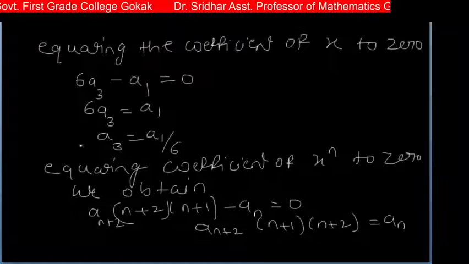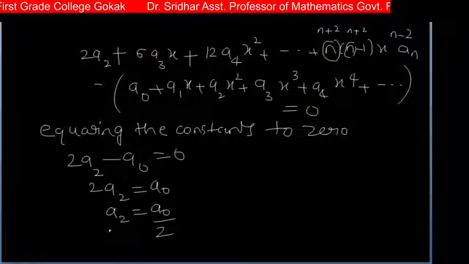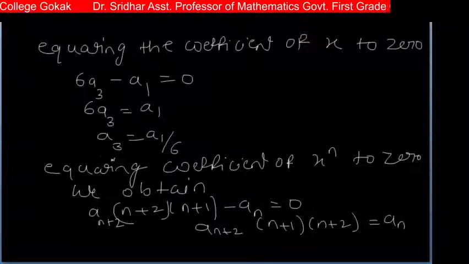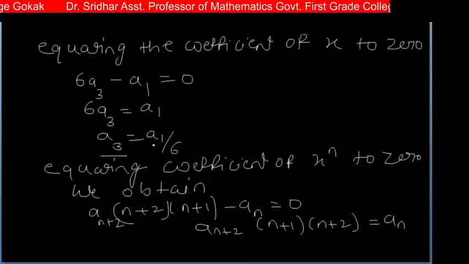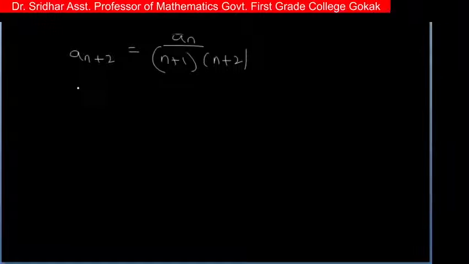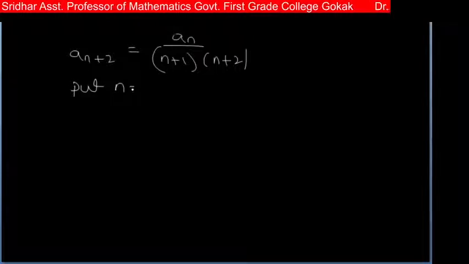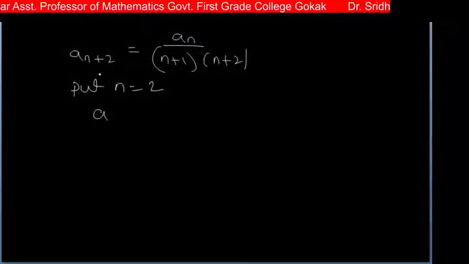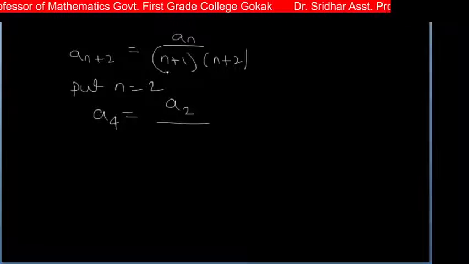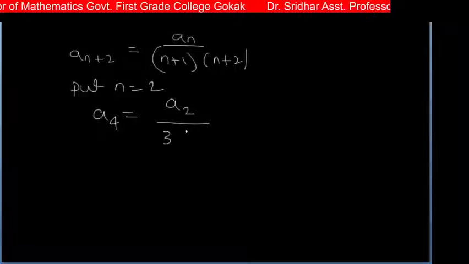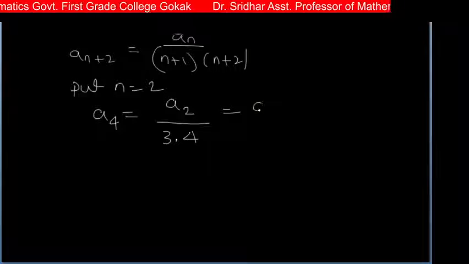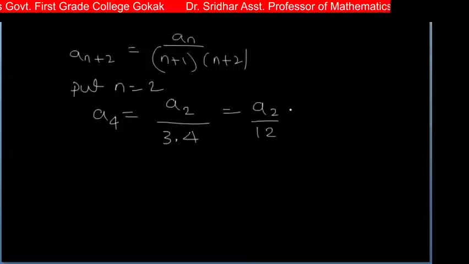So now we got two values: a2 in terms of a0, and a3 in terms of a1. Now we find the next value. Here for a4, put n is equal to 2, so we get 2 plus 2, that is 4. This is a2 divided by 3 into 4, which is a2 divided by 12.